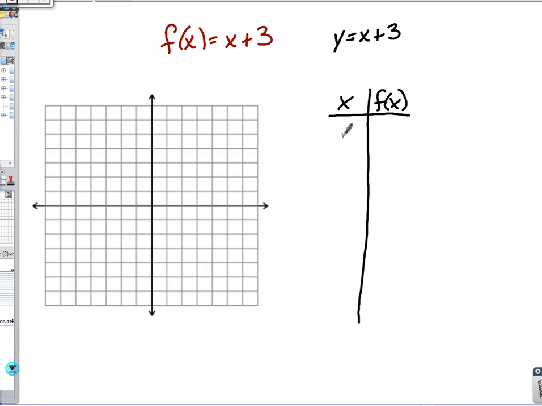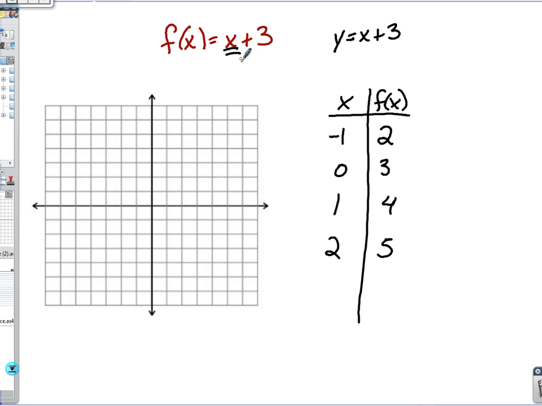I'm going to pick, let's say, negative 1, 0, 1, and 2. We're going to plug those values in, and we know how to plug these in, so I'm going to speed up a little bit more. So when x is negative 1, I'm going to find f of negative 1 by replacing x with negative 1, and I get 2. F of 0 would be 3, f of 1 would be 4, and f of 2 would be 5.